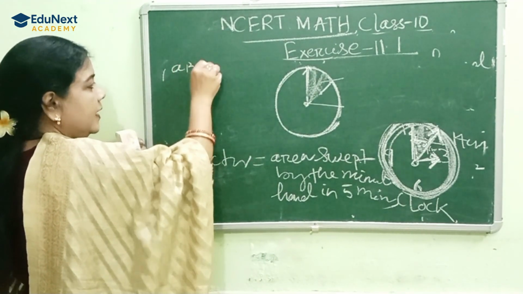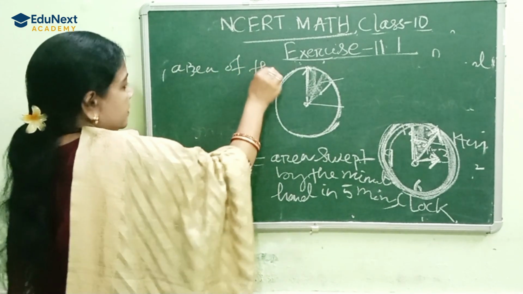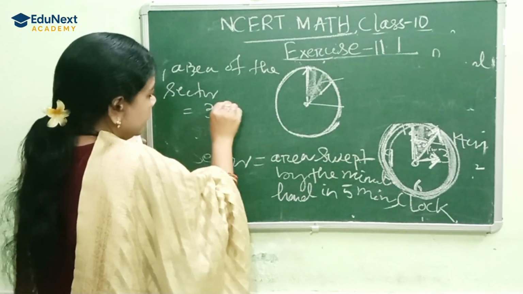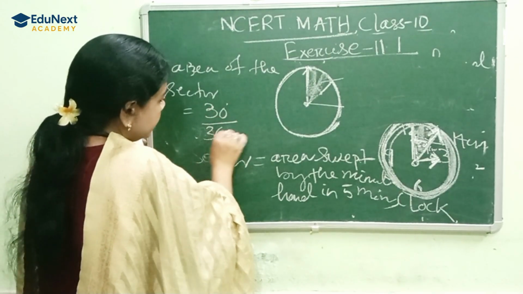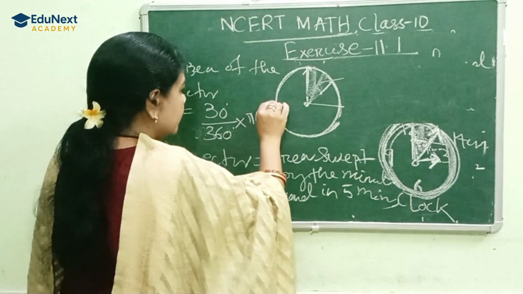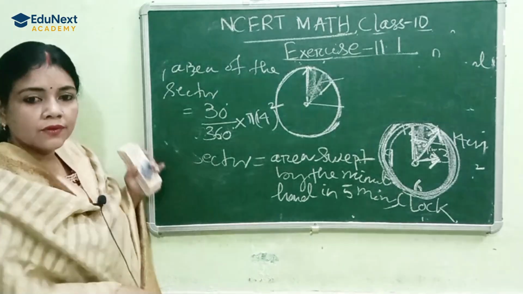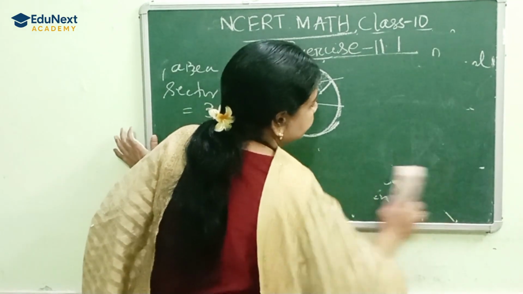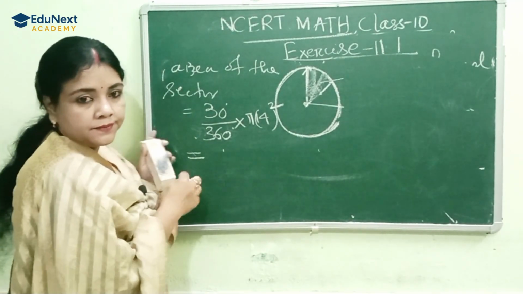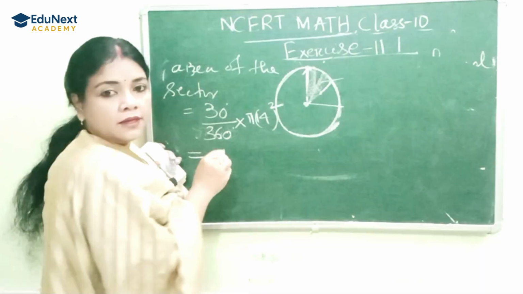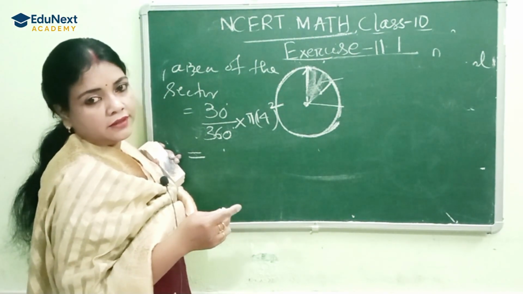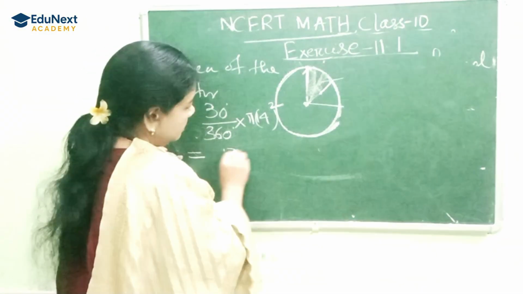Now the area of the sector is equal to 30 degrees divided by 360 degrees into pi r square, with r as 14 centimeter. You can take pi as 3.14 or 22 by 7.